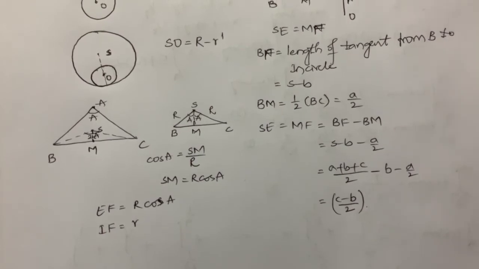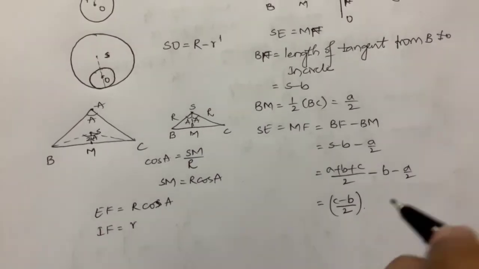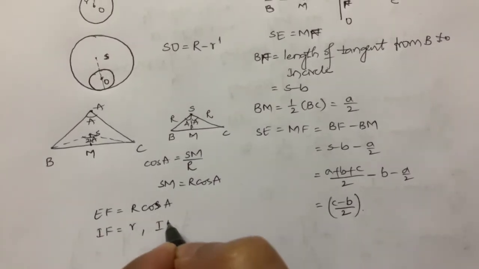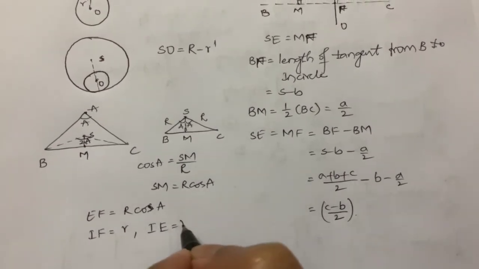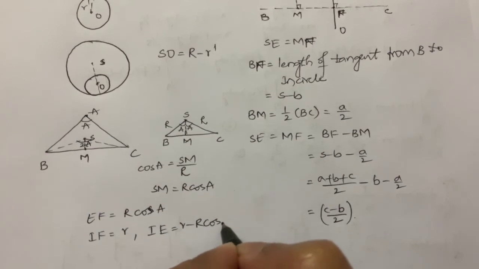So you will get IE is equal to IF, small r, minus R cos A.